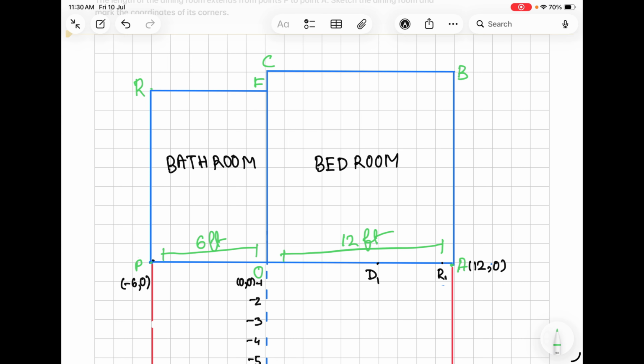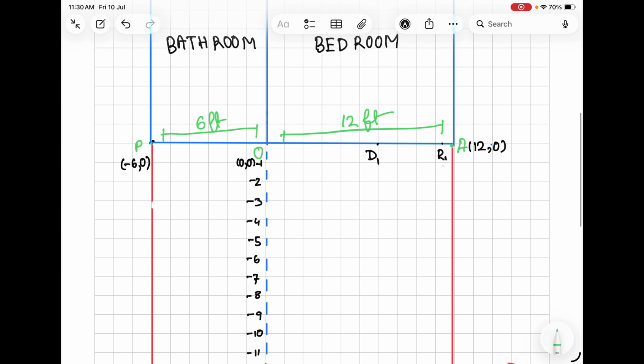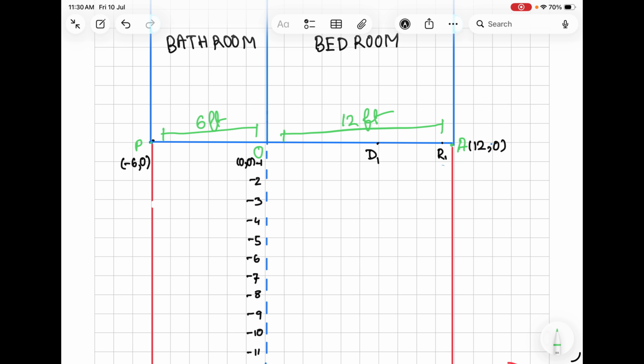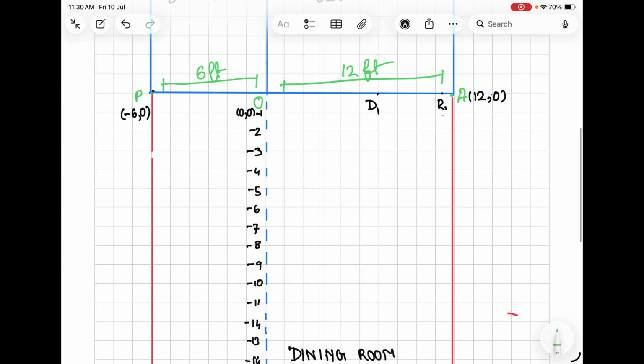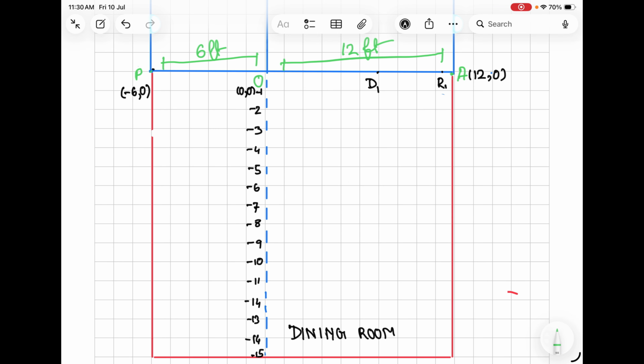Total 12 plus 6, 18. So the distance of PA is 18 feet, which is the length of the dining room. Let's see the breadth of the dining room. The measurement is given as 15 feet. Since the dining room is below the origin, we take the point 15 below it.